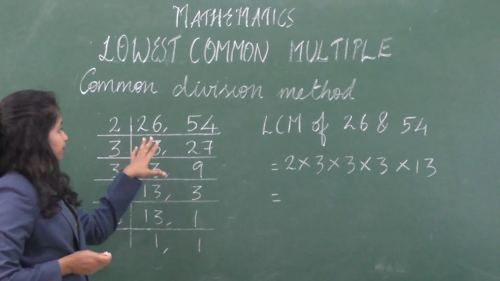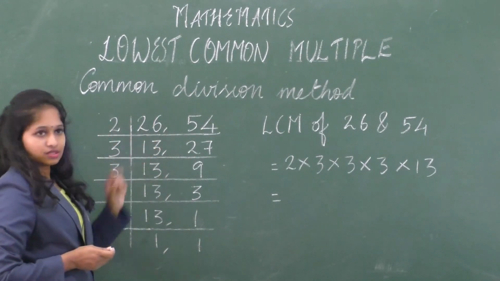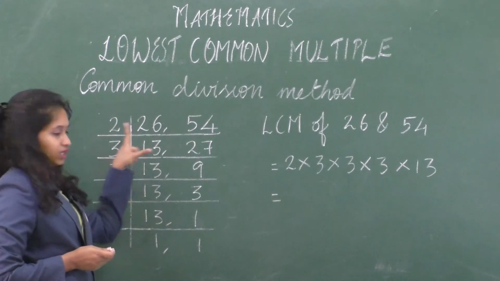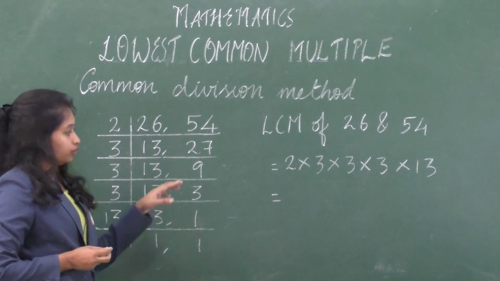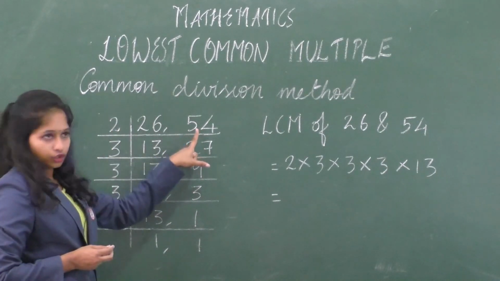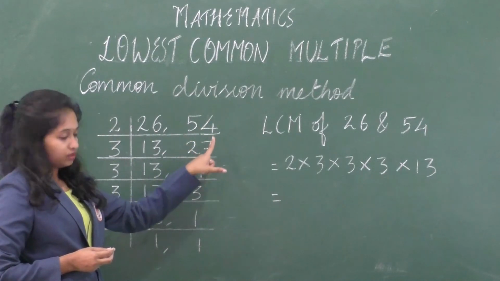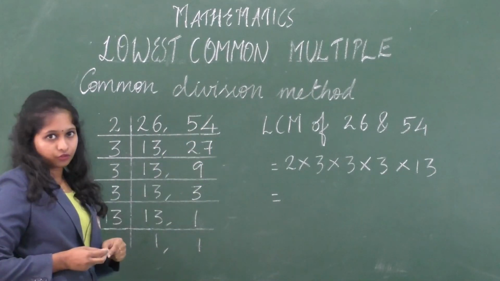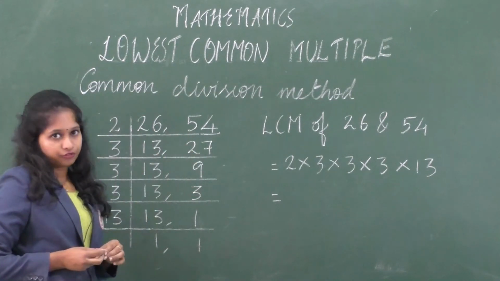How many times? 1 2 is 2, 3 2s are 6. So 13 2s are 26. And moving on to 54, 2 2s are 4, 1 carry, so it becomes 14, 7 2s are 14. That means 27 into 2 is 54.